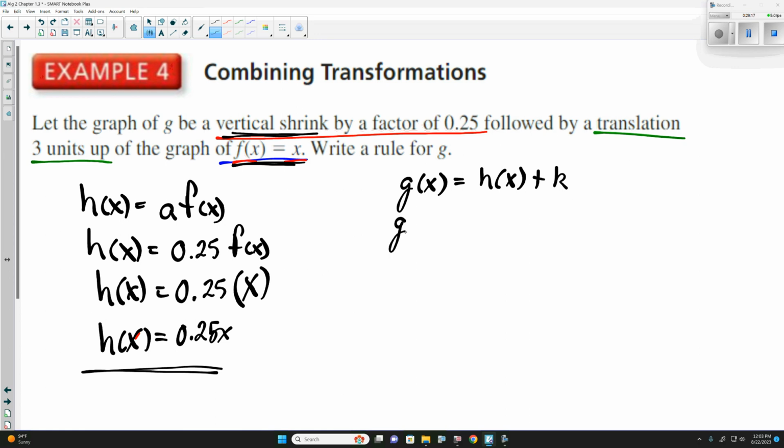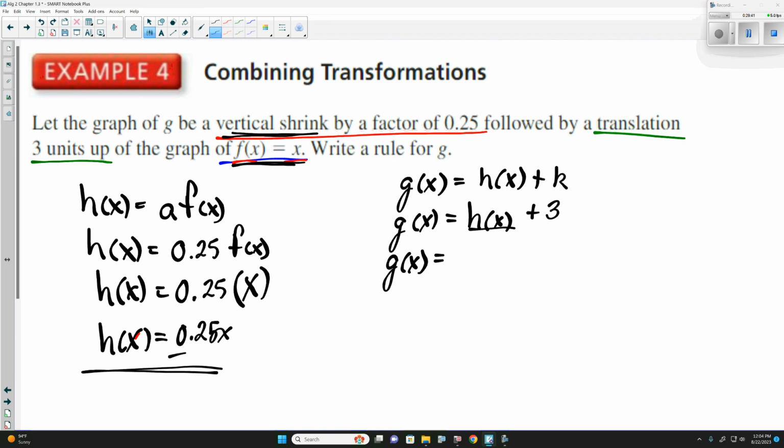But how far are we moving it up or down? We're moving it 3 units up. So it would be plus 3. The value of k is positive 3, so we can say plus 3. We still have our h of x. Now, what is our function h of x?